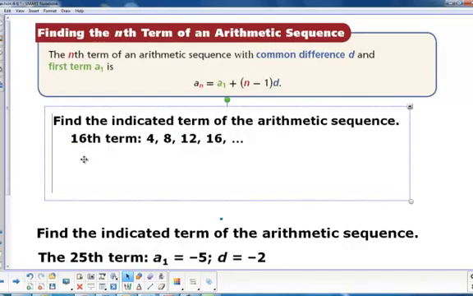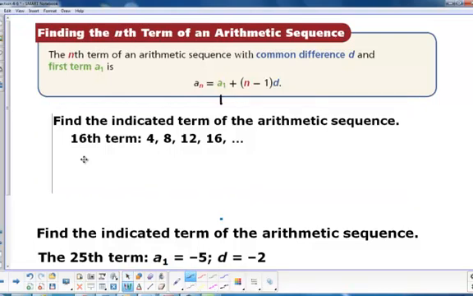Okay, so our arithmetic sequence formula is right here. A sub 1 is the first term. N is the term number that you're on. And D is the common difference.